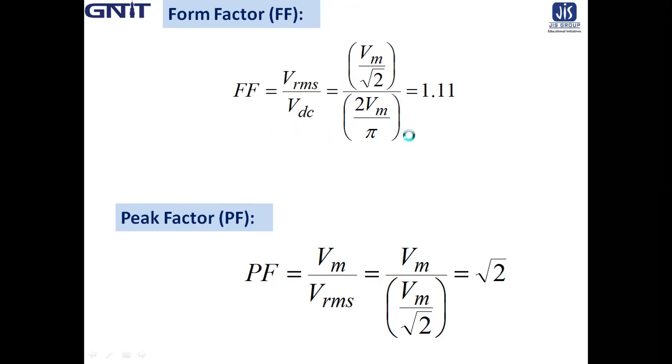So it is 1.11. And peak factor is defined as the ratio of the peak value to the RMS value of the voltage. So Vm by VRMS, so Vm by (Vm by root 2), which is root 2. So this is all about the center tap full wave rectifier.